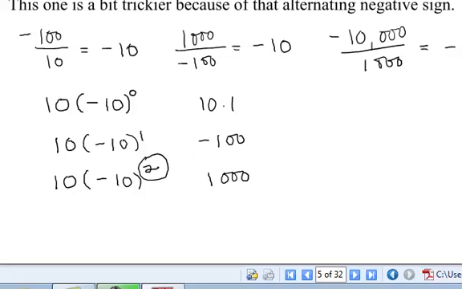And that's exactly what's going on: positive, negative, positive, negative. So the third term is negative 10 squared, so that's going to be our positive number. So having a negative r means that I'm going to get alternating minus signs.